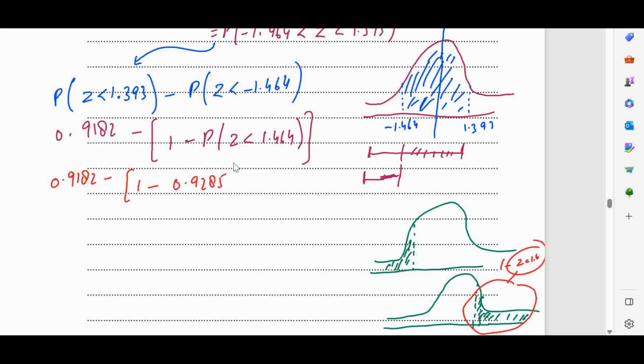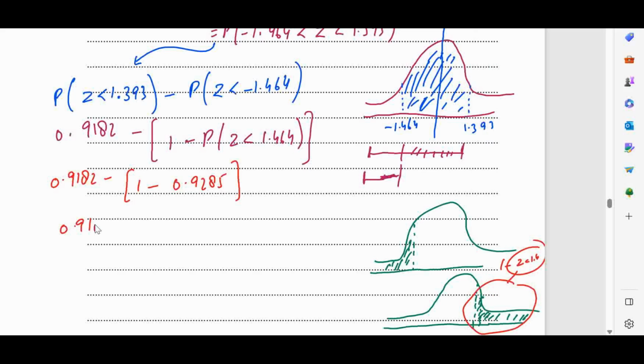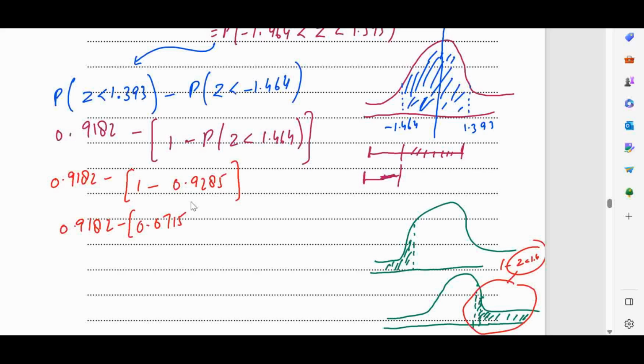And if we subtract it from 1, what will be the answer? 1 minus the answer will be 0.0715. So 0.9182 minus 0.0715.